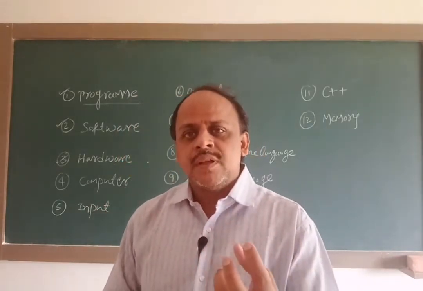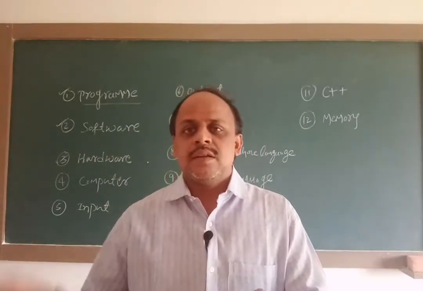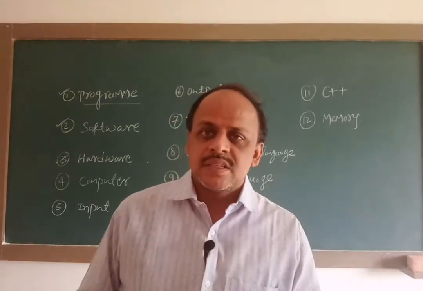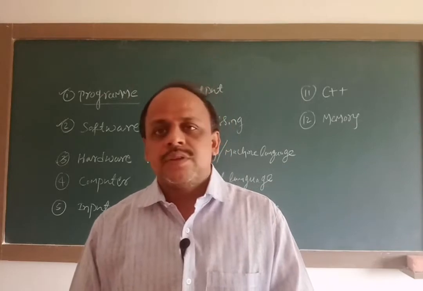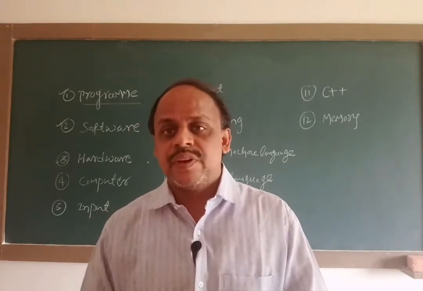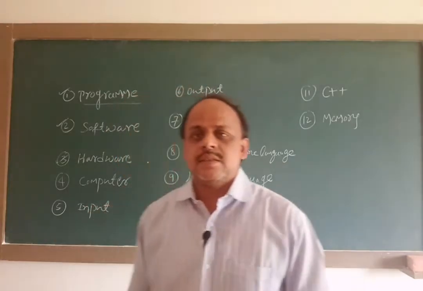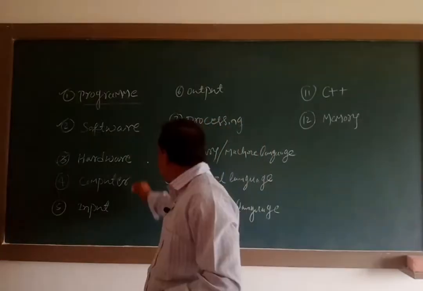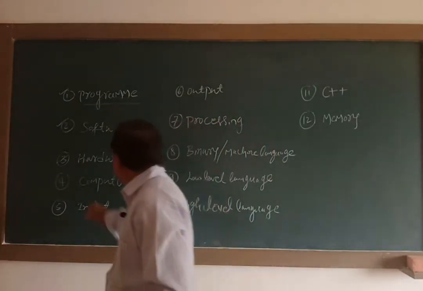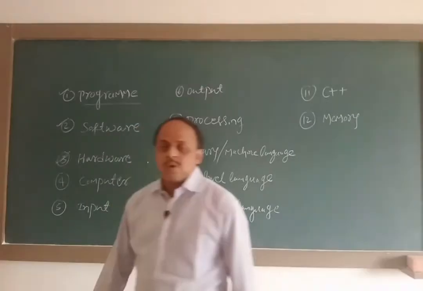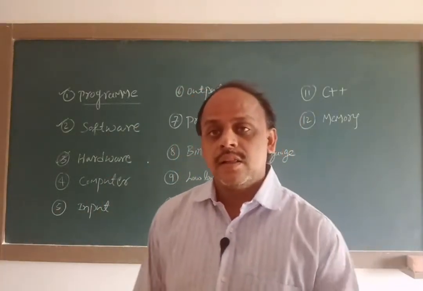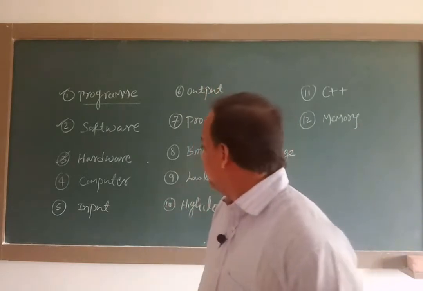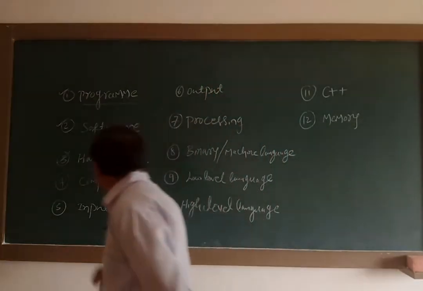Software again has two types: application software and system software, which we will discuss in the next class in detail. So what is hardware? Hardware is a physical component of a computer system which we can see and touch. And the next is computer.